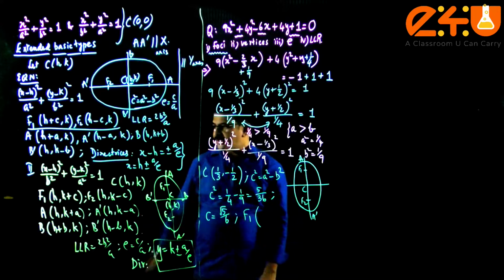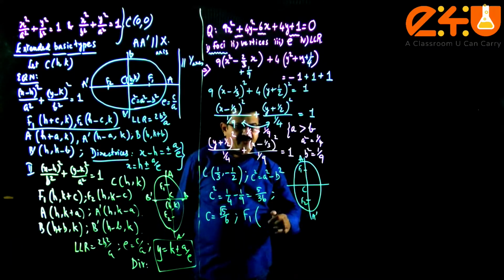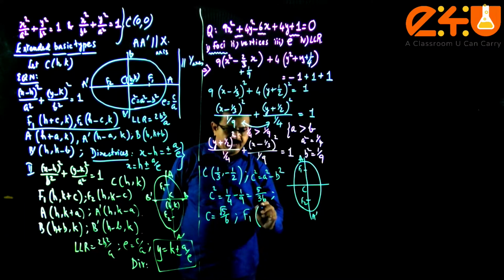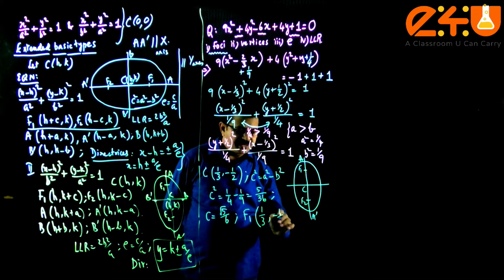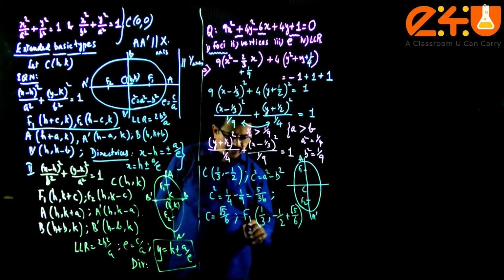as h comma k plus c. It is the y coordinate which you are going to change. X coordinate 1 by 3, no change, minus 1 by 2 plus c value root 5 by 6, that is one of the foci.